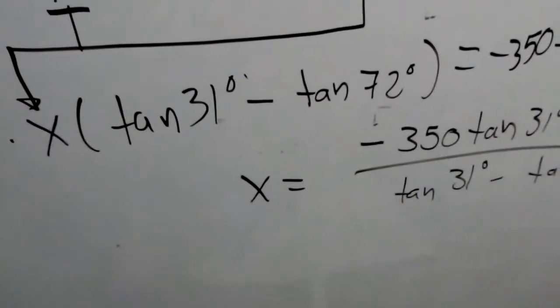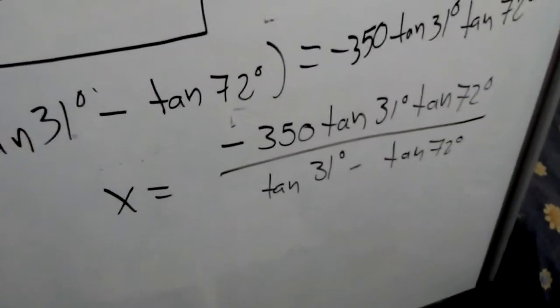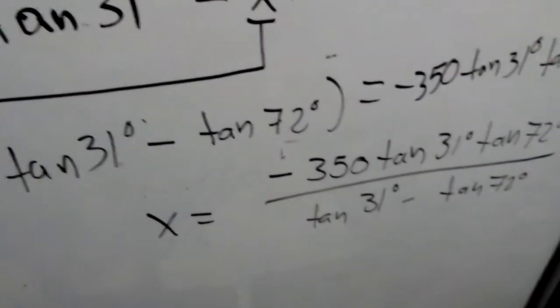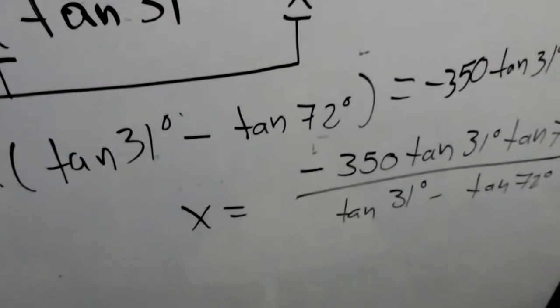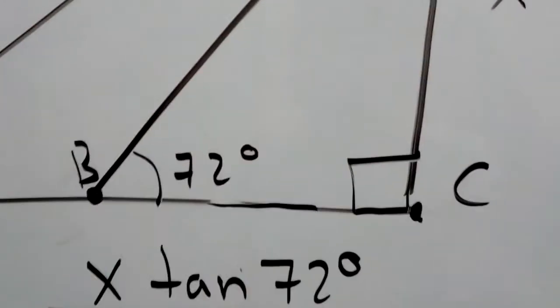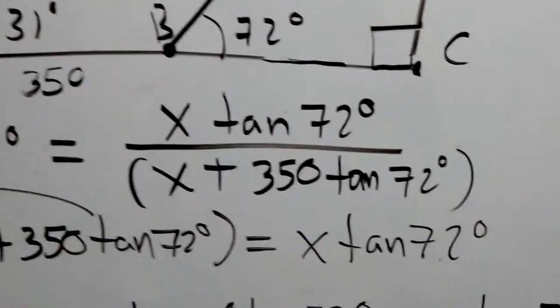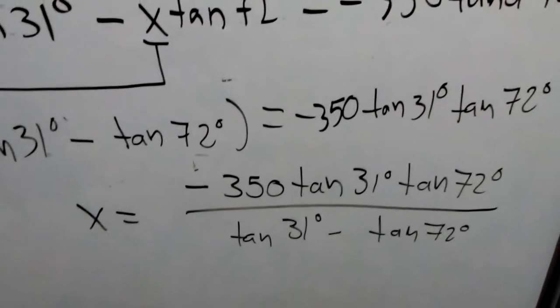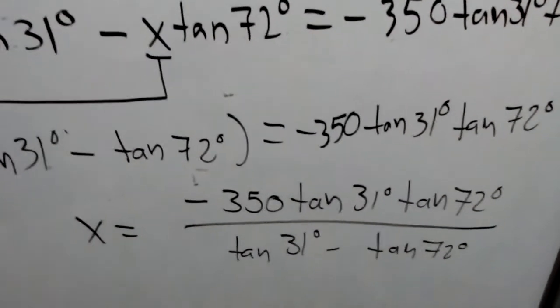Now you have x. Don't get scared of this minus sign. You may think, oh my god, I got a minus. How can the side of a triangle be negative? Well, it can't, okay? It's a triangle. But if you do the calculation, the number will end up being positive, okay?